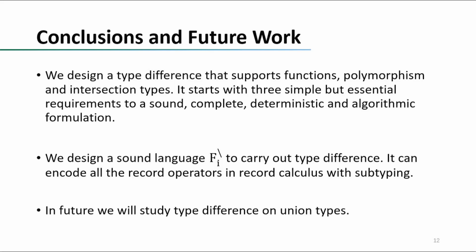What happens if you change the subtraction rule for something that's meaningless, like you have a record with a label L, and you try to subtract a label Q that's not in the record? Instead of just leaving that as the original type, what if you say that's undefined? How does that change things, or is it possible to work that out?